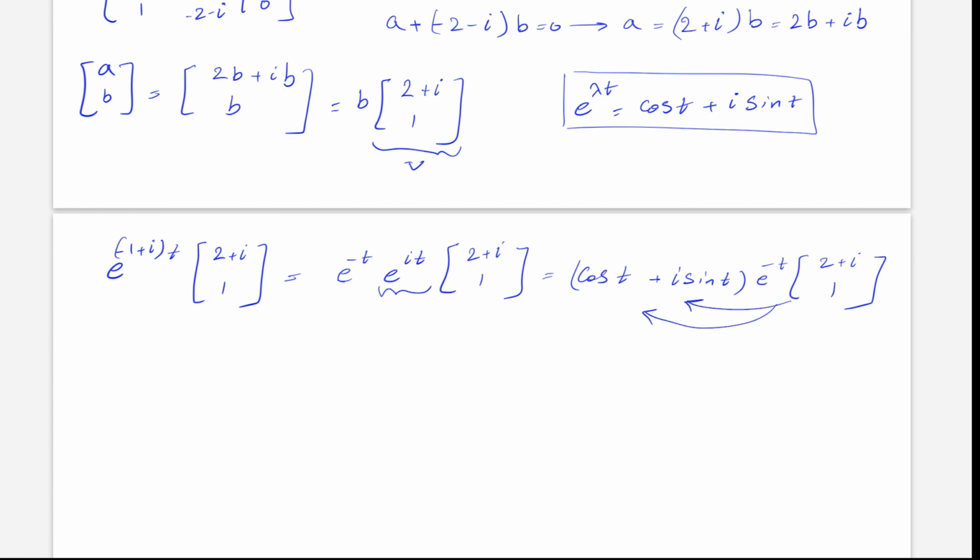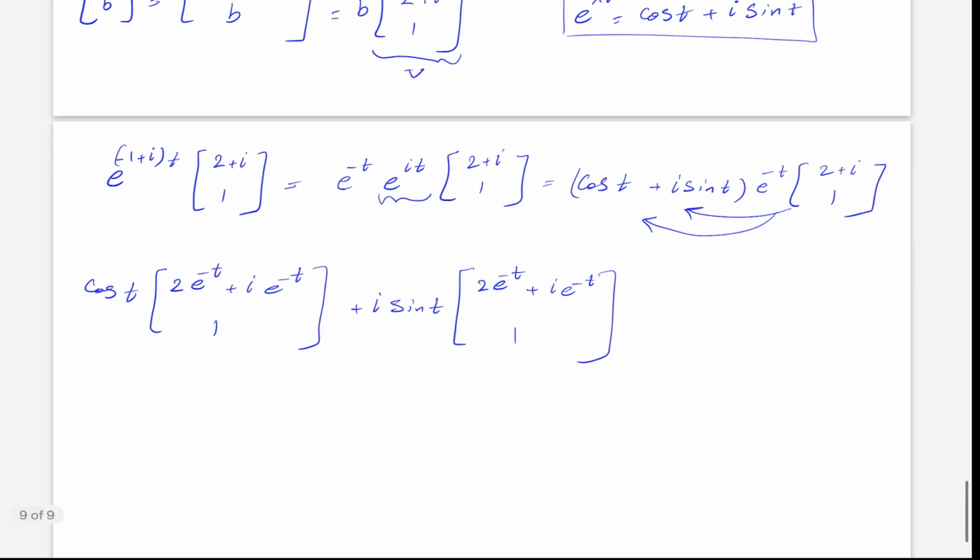We have cosine t times (2 e to the minus t plus i e to the minus t, and 1), plus i sine t times (2 e to the minus t plus i e to the minus t, and 1).